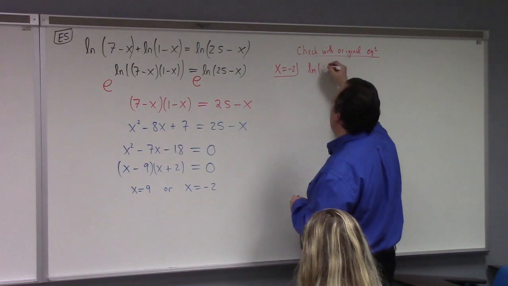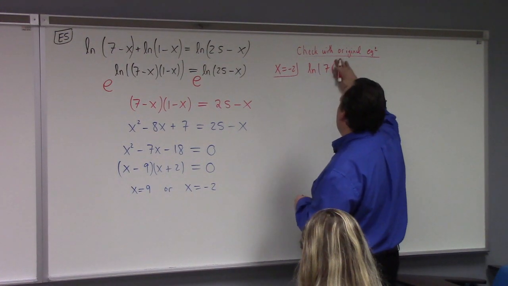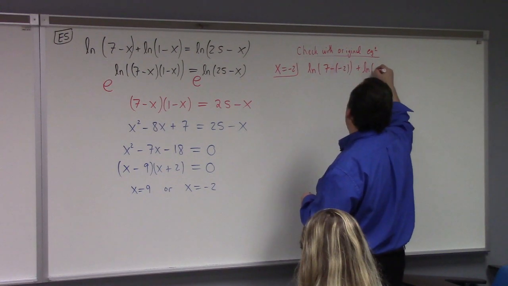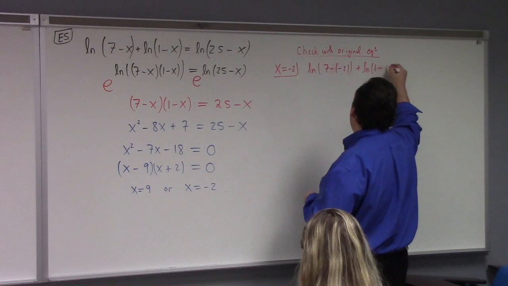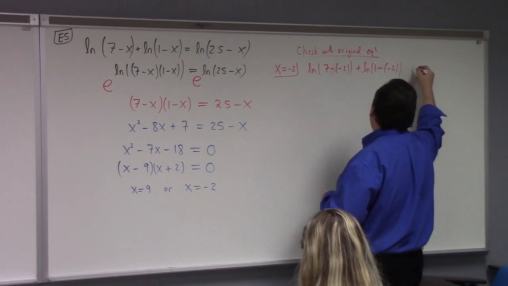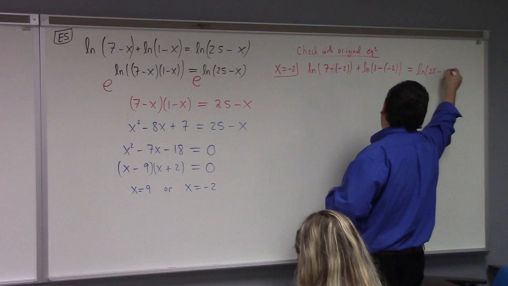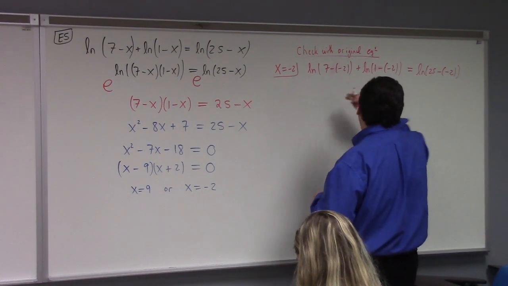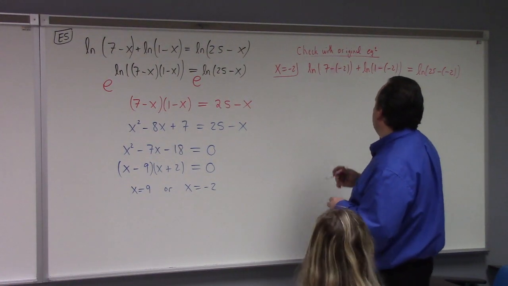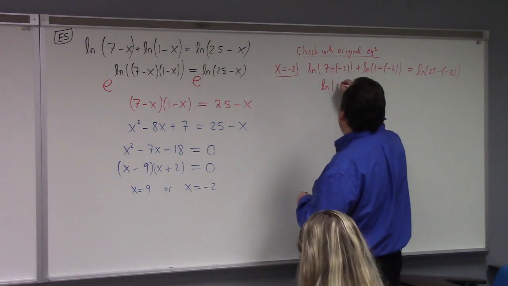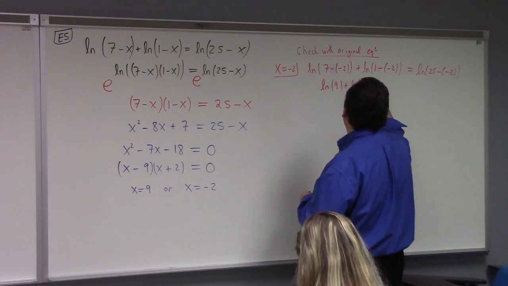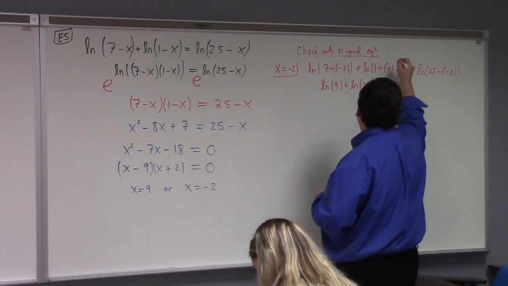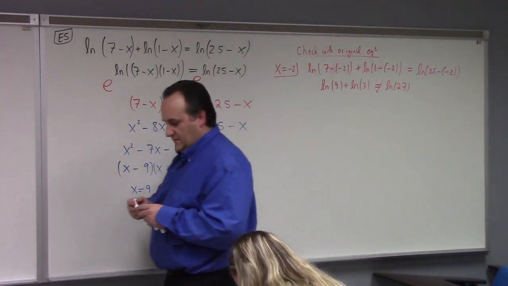X equal to minus 2, we got natural log of 7 minus a minus 2 plus the natural log of 1 minus a minus 2 equals the natural log of 25 minus a minus 2. I think we're good. Everything's positive. We should be fine, right? You got natural log of 9 plus the natural log of 3 is equal to the natural log of 27. All right, it works just fine.